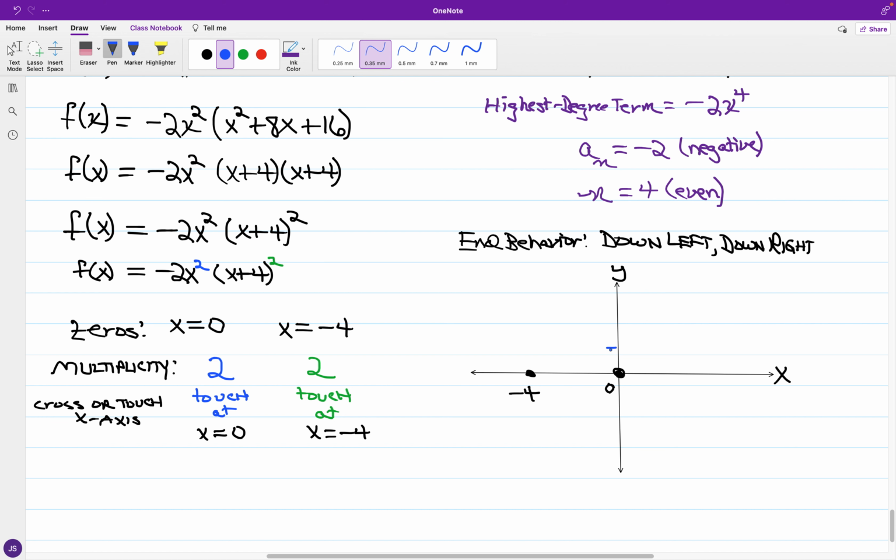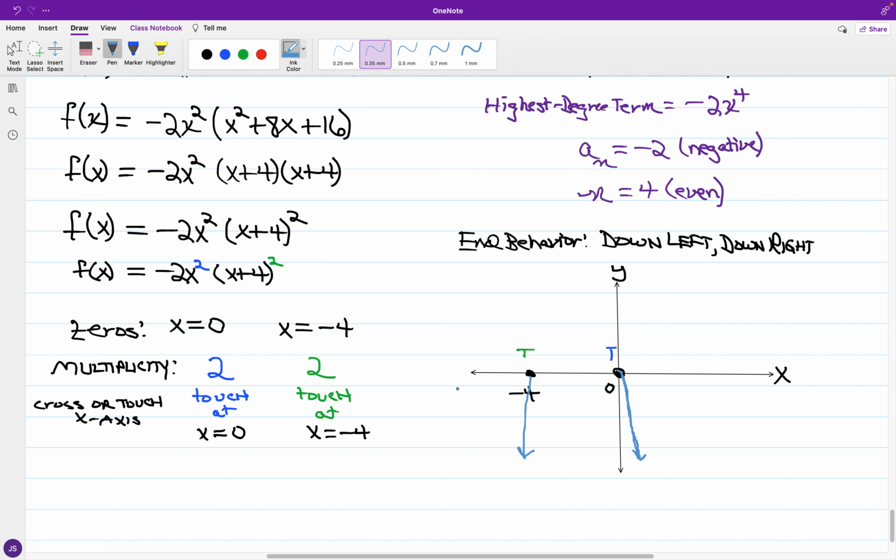At both of these zeros, the graph is going to touch. And for the end behavior, you have down to the left and down to the right. So down to the left, we have proceeding downward to the left of x equal to -4, and down to the right we have proceeding downward as we go past x equal to 0.